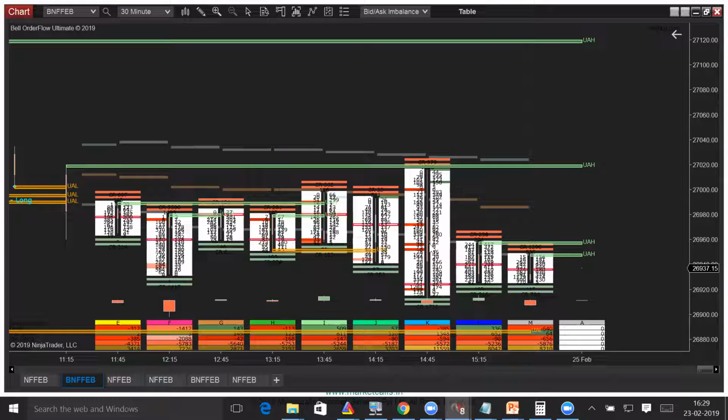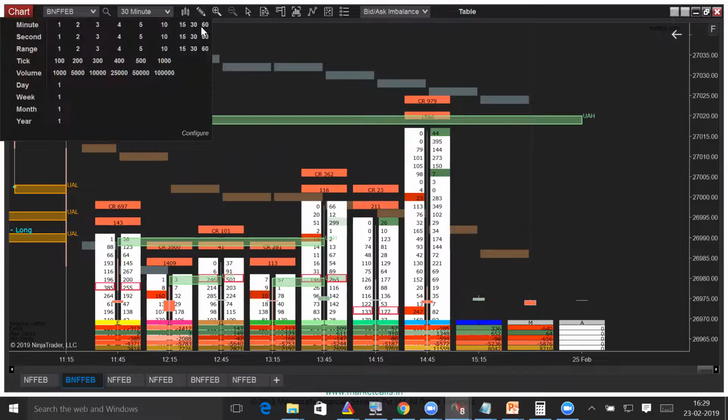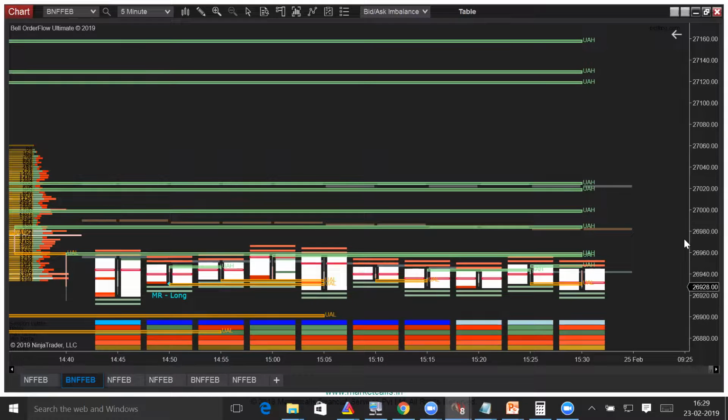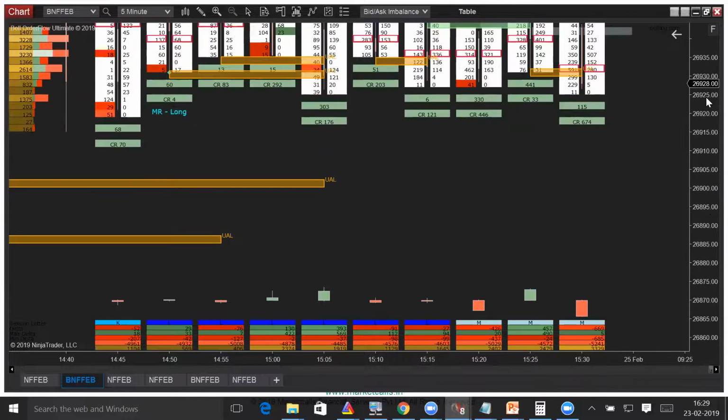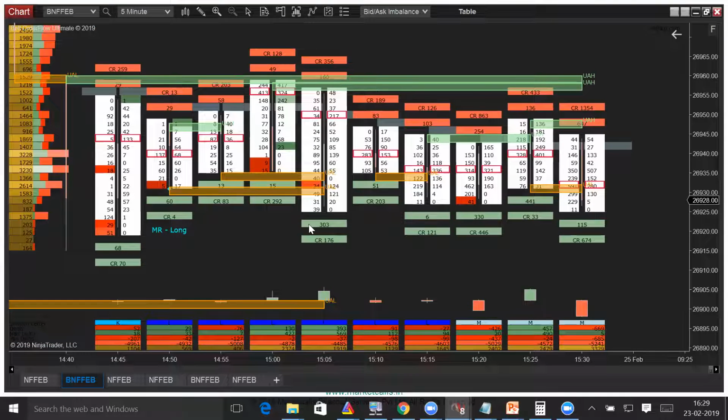If there is a zero on either side of the volume, what does it mean? Is it an unfinished auction? Yeah, it's an unfinished auction. Let me go back to the 5-minute time frame chart and take an example. Which example are you saying, zero on either side?